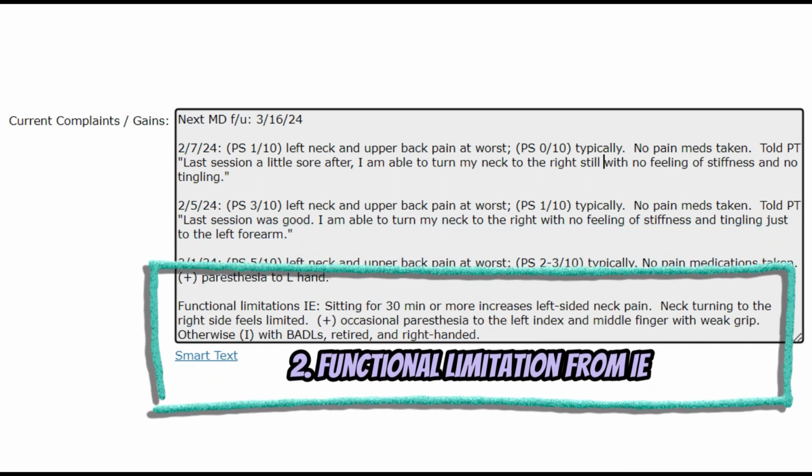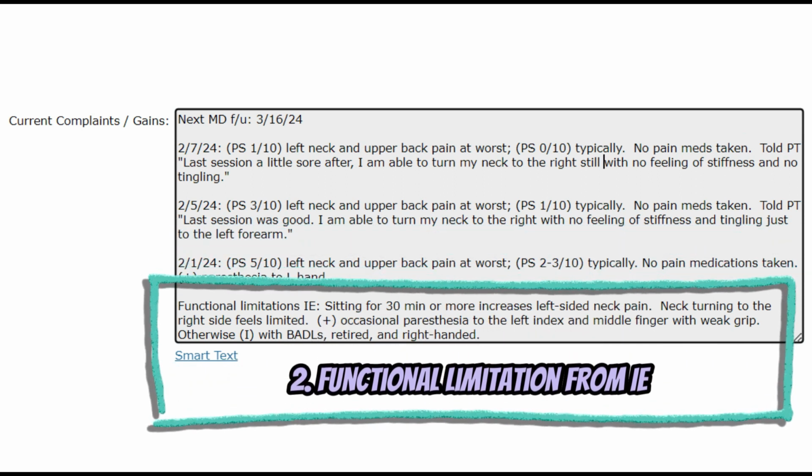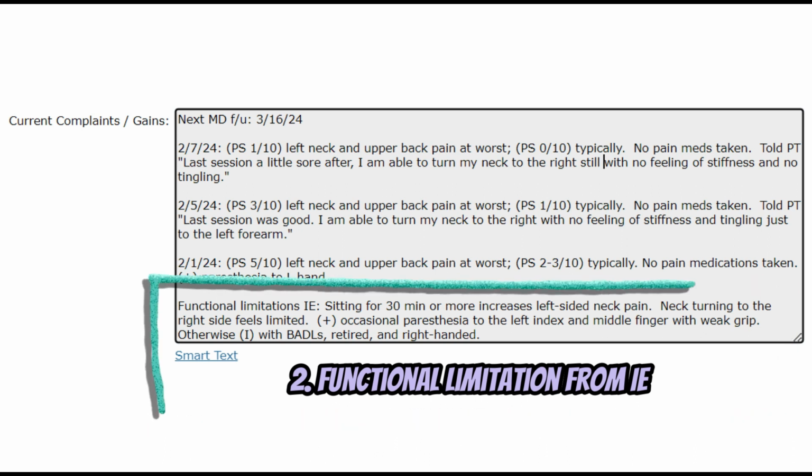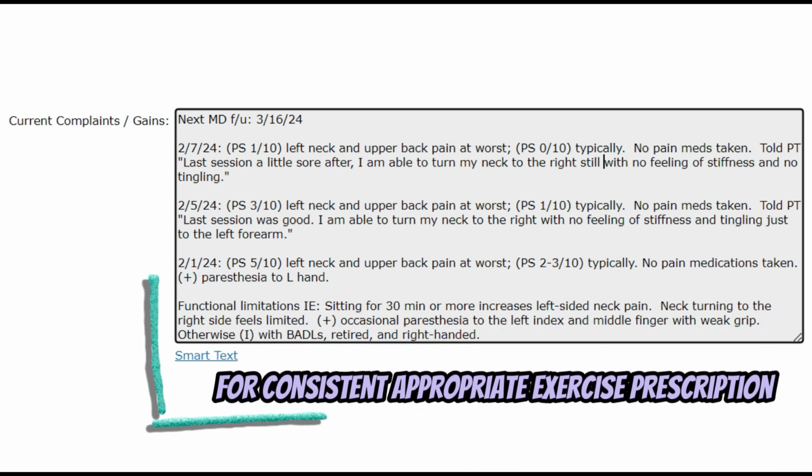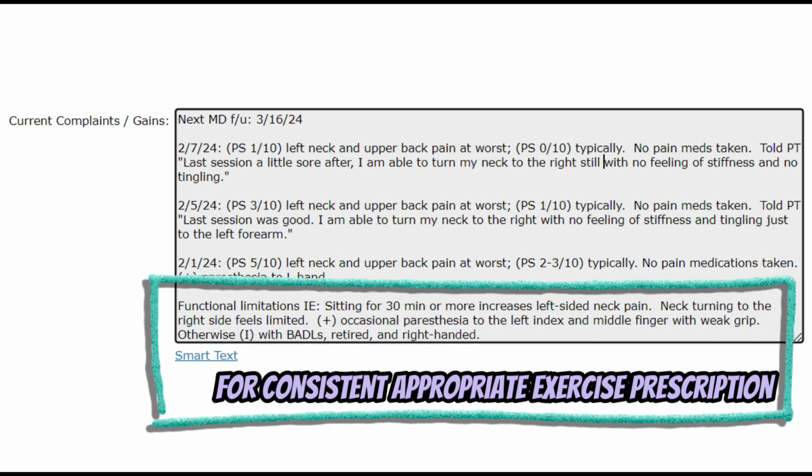Second, the functional limitations or impairments identified during the initial evaluation need to be at the bottom of the subjective current complaints. This allows the treating therapist following the evaluating therapist to be reminded what functional limitations we need to provide exercises and simulated activities for.